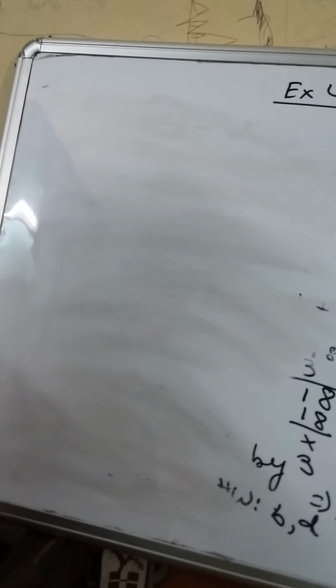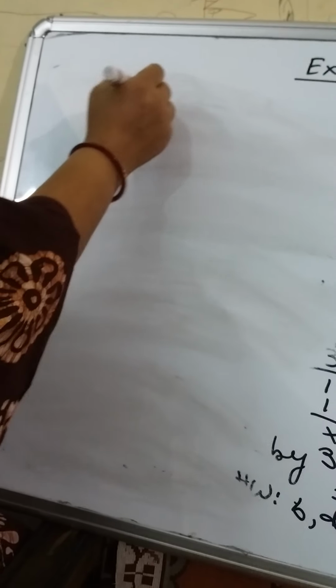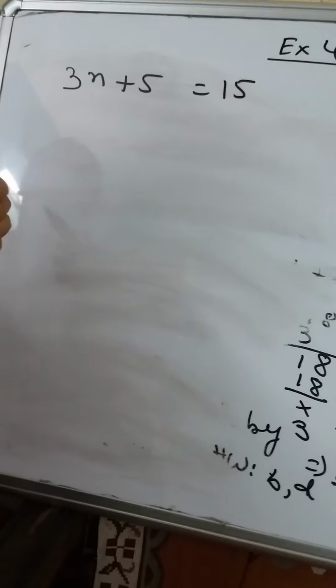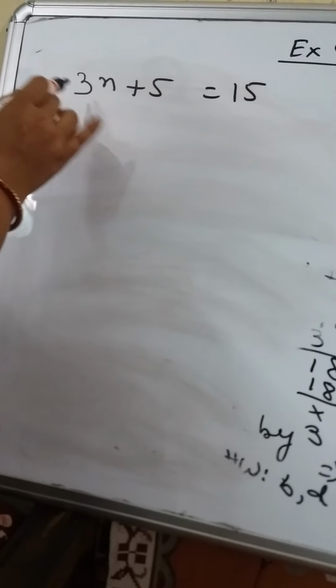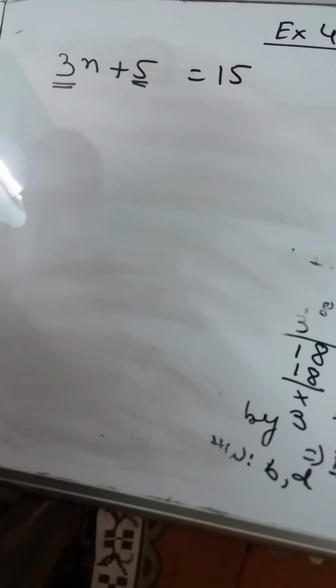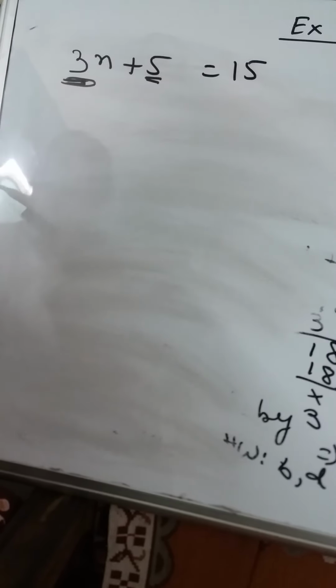Now, before discussing question number 4, I want to say, if this is 15, that means I have to remove these 3 and 5. So you can say that first I can remove this 3 and then I can remove 5.